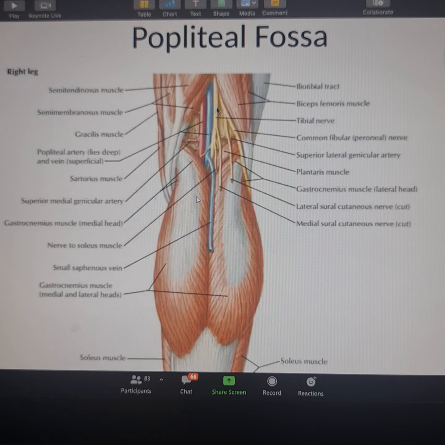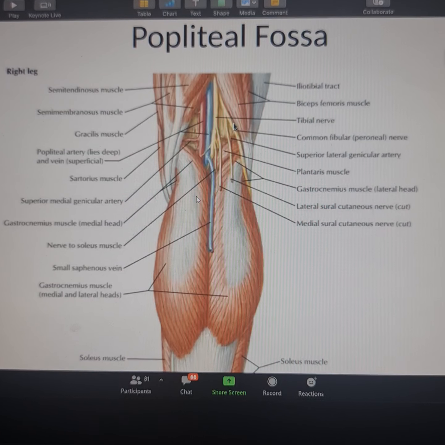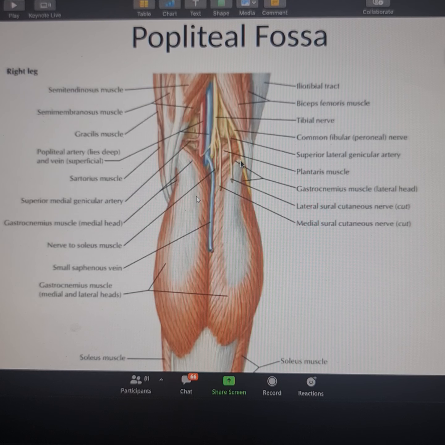So this big nerve that you can see in the popliteal fossa is the tibial nerve, which is the innervation of most of your leg muscles. Alright? And then there's a small branch on the lateral side. This is the common fibular nerve or peroneal nerve.